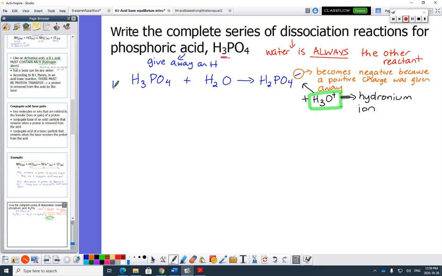If you want, even number them. This is equation 1. Now we're going to get rid of the second proton. So we're going to start with this. Always water. Water is going to accept, and then we're going to get rid of an H. So what do we have now? HPO4 2-, because it's given away 2 positives.